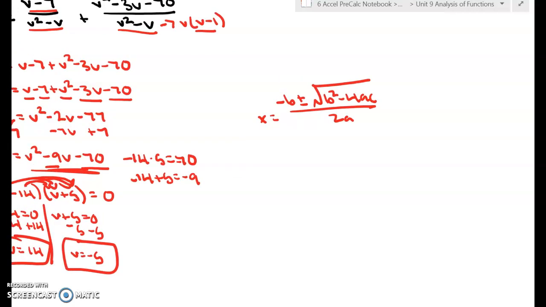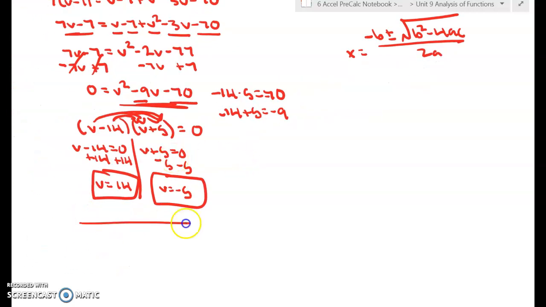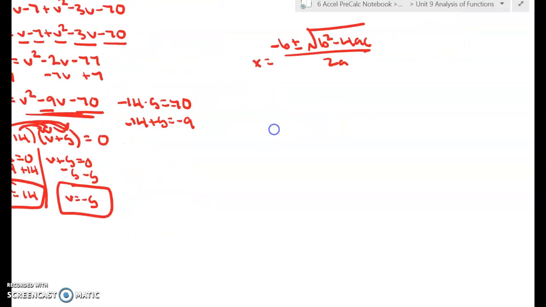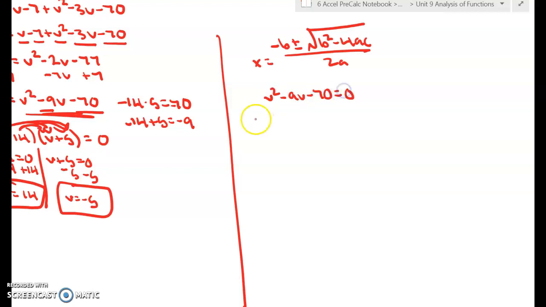Which is why if you could do the factoring method, it would probably be easier. But just in case. So we know that for v squared minus 9v minus 70, a equals 1, b equals -9, and c equals -70.